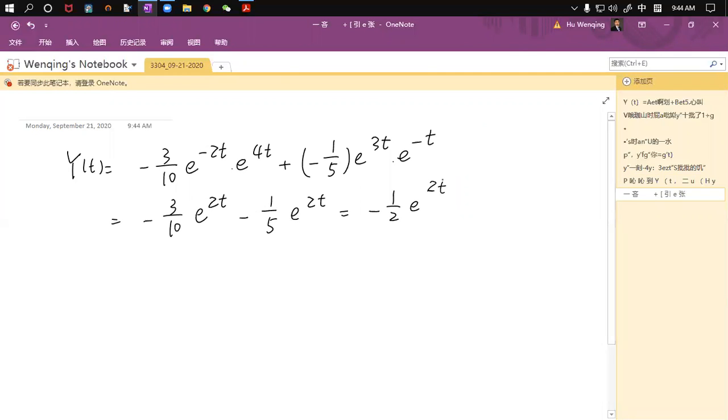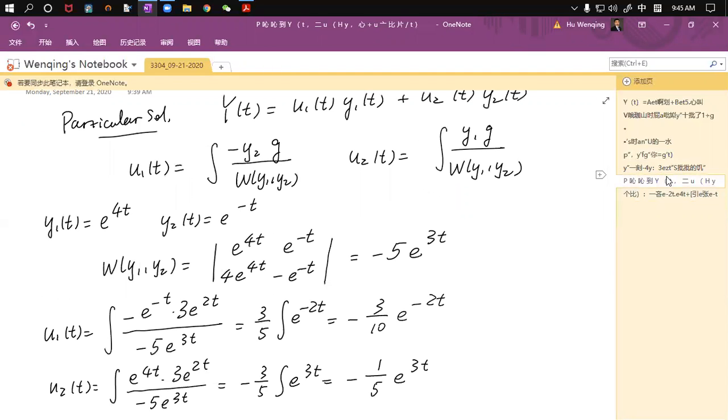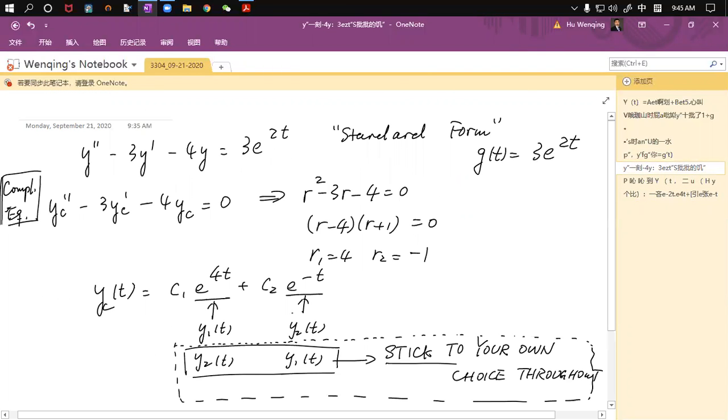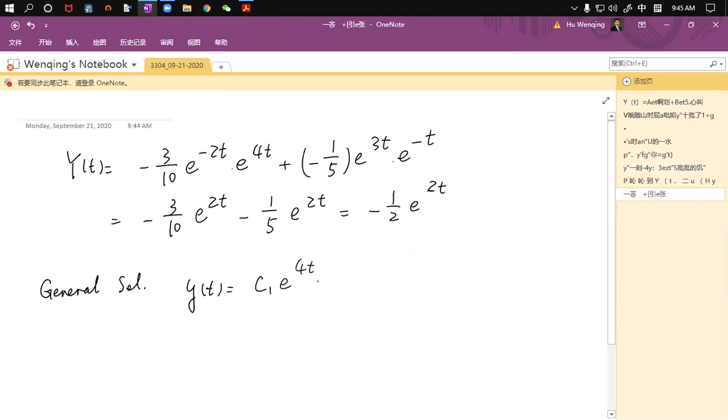As long as you have your particular solution, you can see the general solution, right? So the general solution y of t is equal to the complementary solution, which is found here as c1 e power 4t plus c2 e power minus t, plus the particular solution, which is minus 1 over 2 e power of 2t.